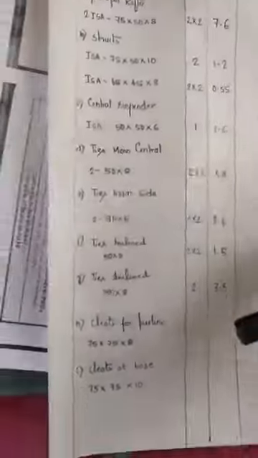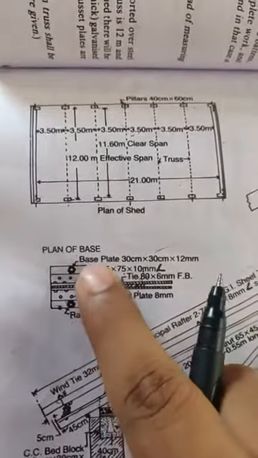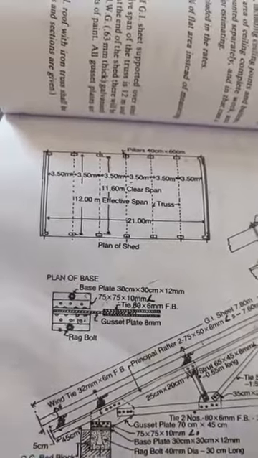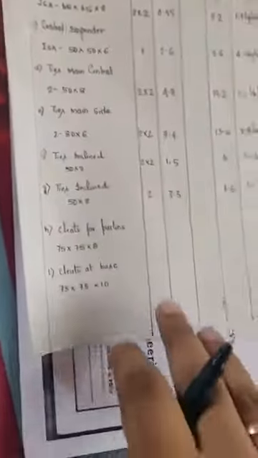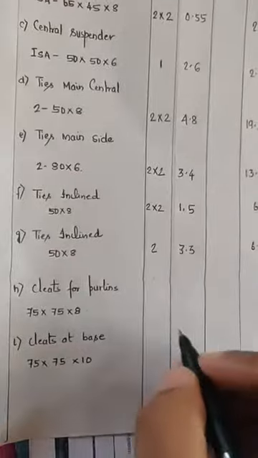So cleat angles at base, how many numbers? Okay, we didn't see that, we'll have a look at that also. So cleat angles at base, there is one here, one here. There are 2 on one side. How many on both sides? Total 4 numbers, and length is 30 centimeter. Cleat angles for purlins will come later.